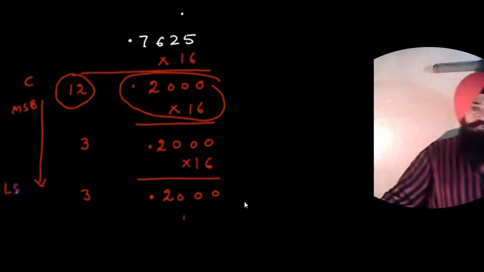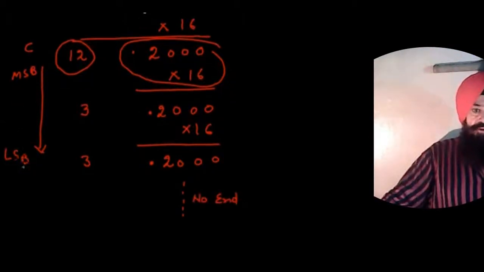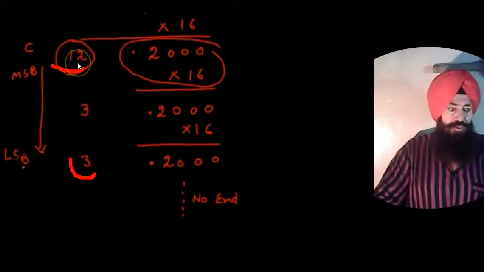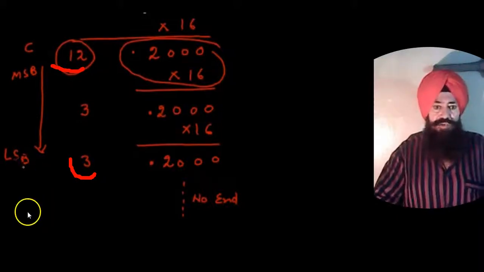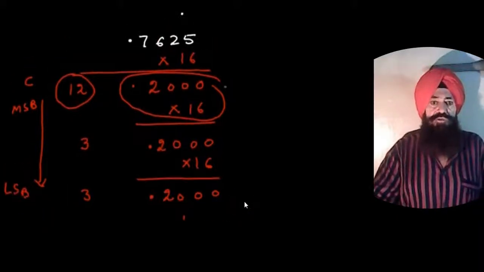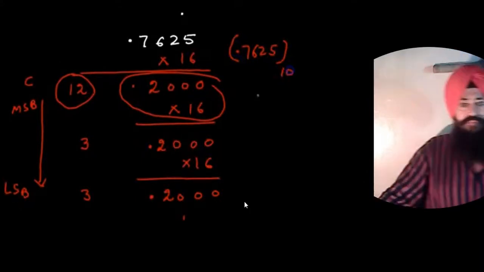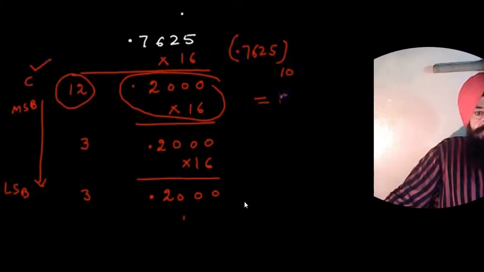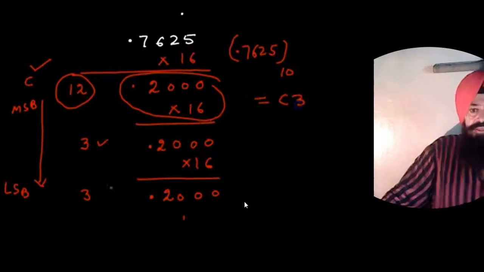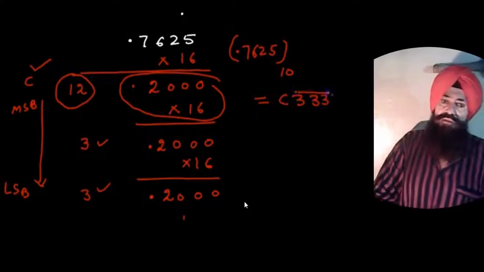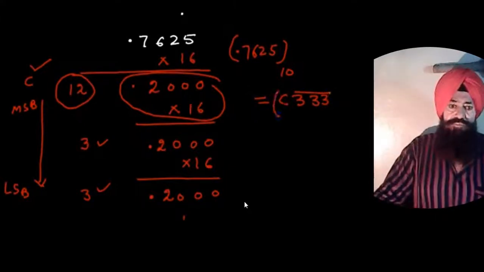So 12 is the most significant bit and this is the least significant bit. So your result is, what is 12? 12 represents C. So it is C333.